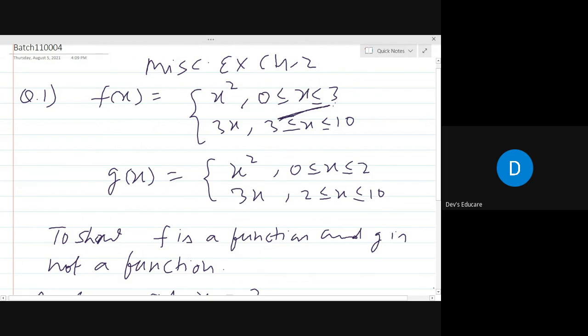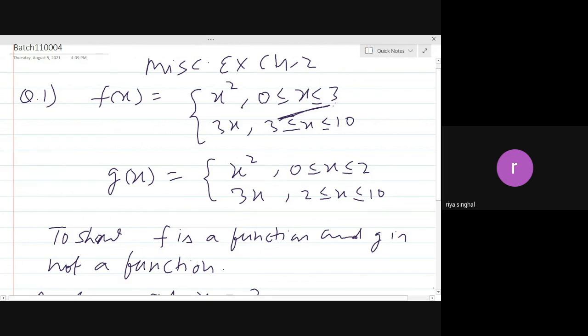Yes, sir, because at x equals 3... the interval is 0 less than or equal to x less than or equal to 3, so we are taking it there. You are not audible properly. Ria, can you explain why we are just checking the value of the function at x equals 3?